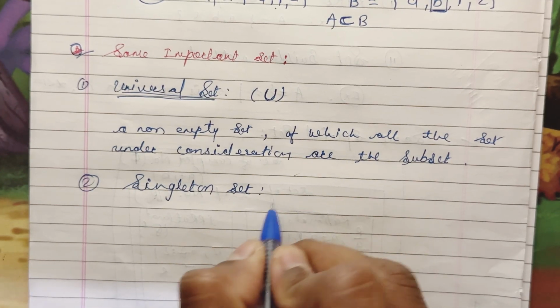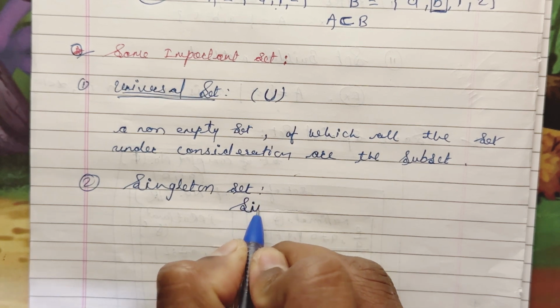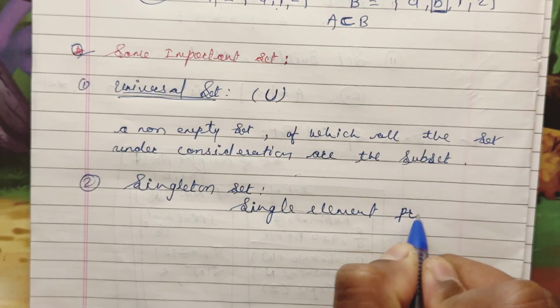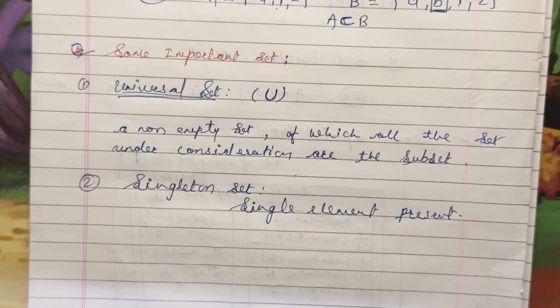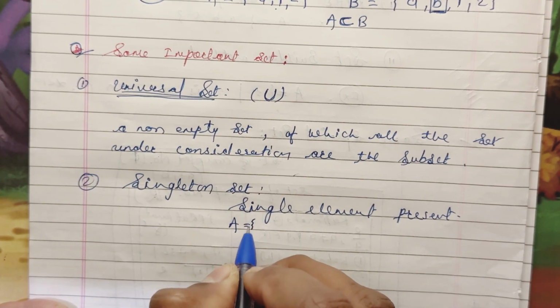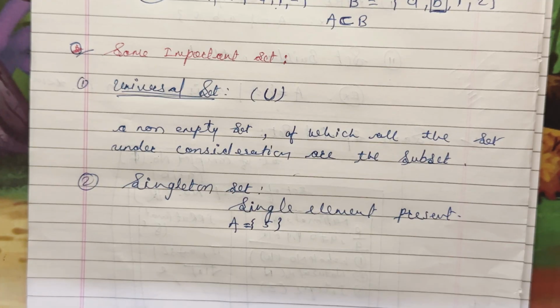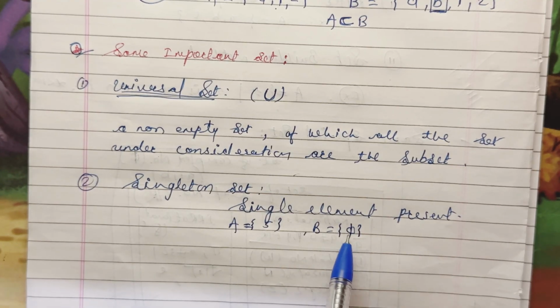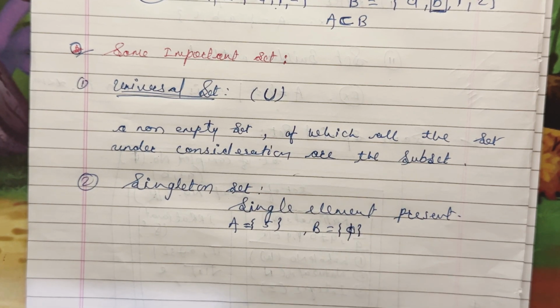Only a single element is present, and then we call it a singleton set. For example, set A has only a single element, 5. You can take one more example, B equals {5}. There exists only a single element in set B. This is a singleton set.